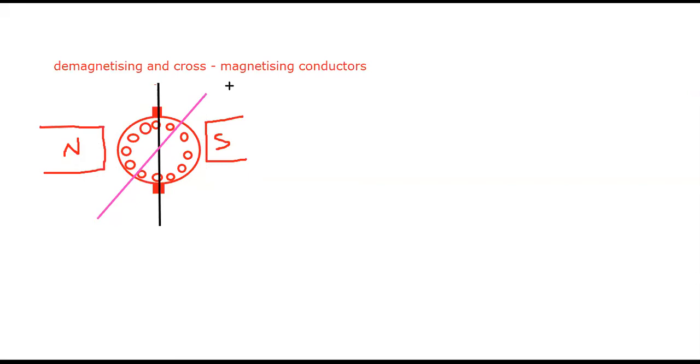It can be moved to either side: the GN axis can move either clockwise or anti-clockwise. Depending upon that, we are going to draw another line for the GN axis here. So this is our new GN axis.